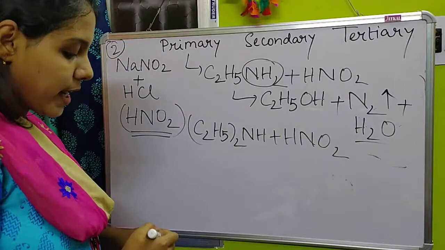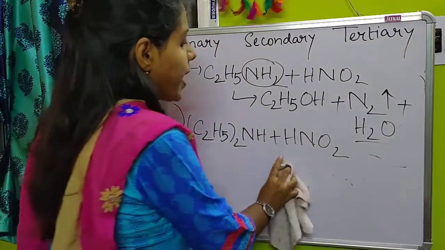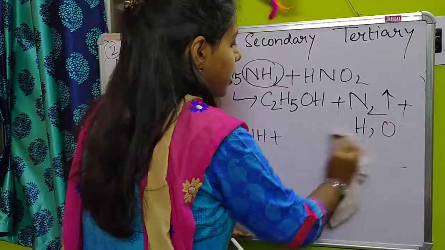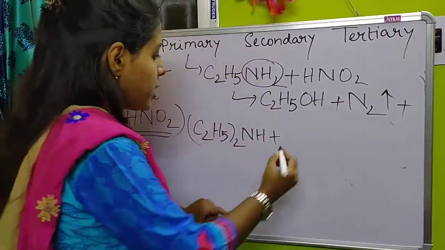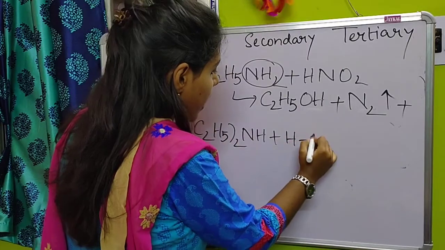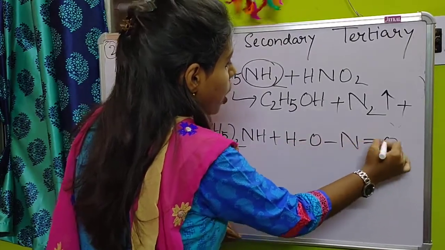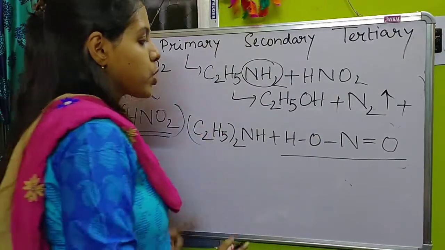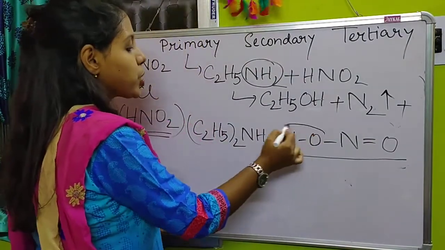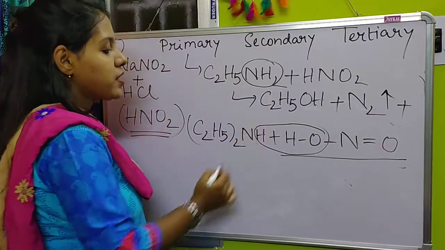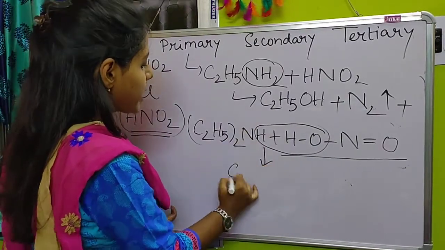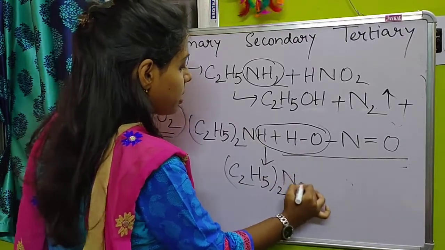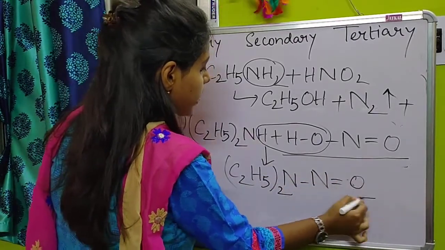Now we are taking secondary amine, that is (C2H5)2NH plus HNO2. So what will happen here? We are writing HNO2 in this form to make the reaction clear, that is HO-N double bond oxygen. This is the structure of nitrous acid. This OH group will be removed with this hydrogen, making the compound (C2H5)2N-N double bond oxygen.